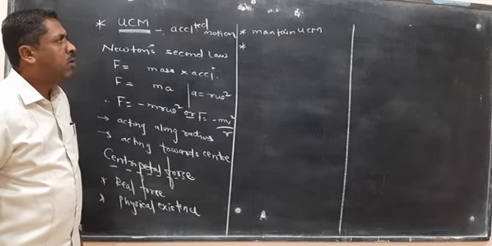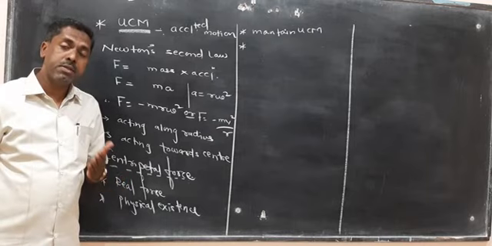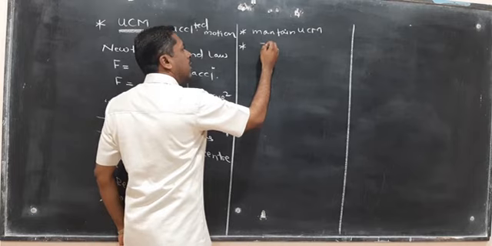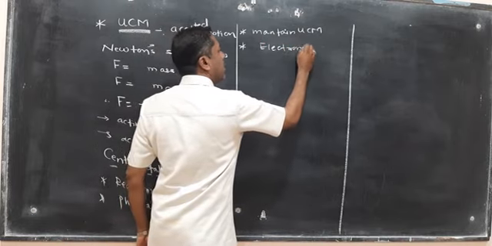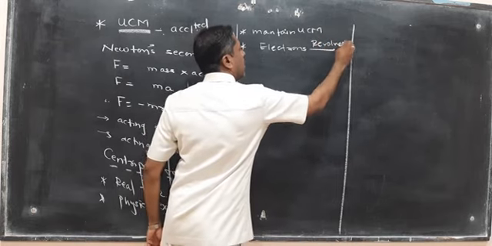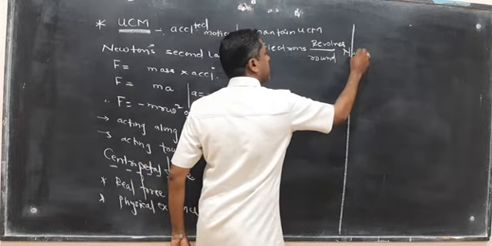Now, how do we say that centripetal force is acting? We know that electrons generally revolve around the nucleus of an atom.